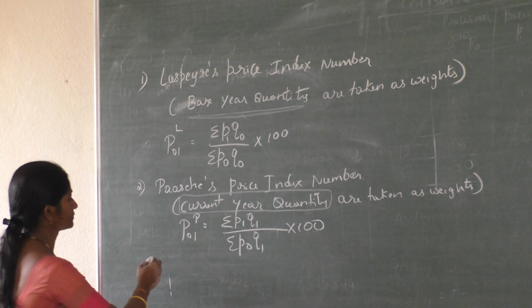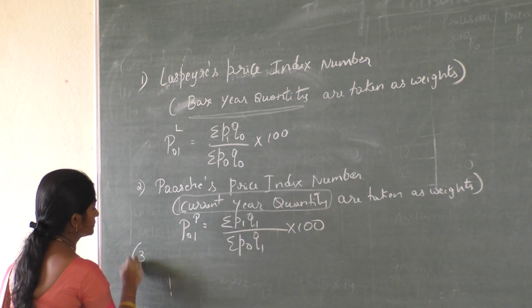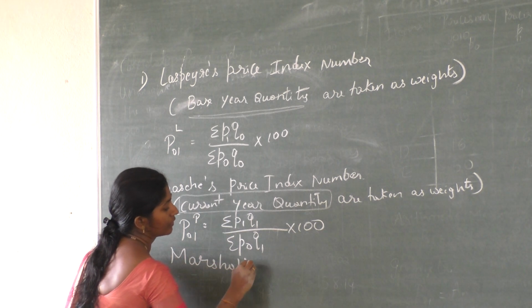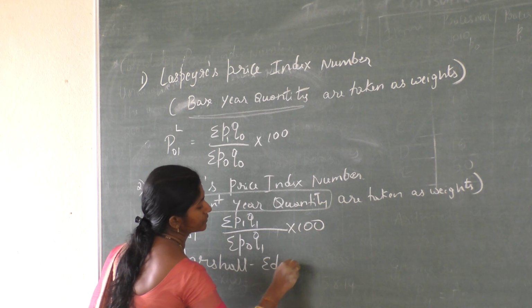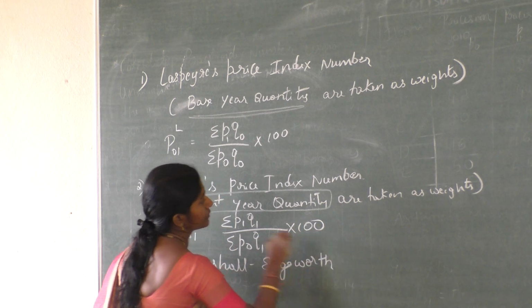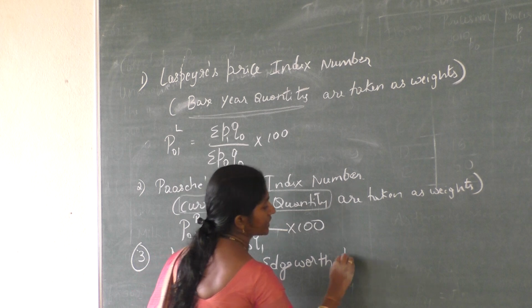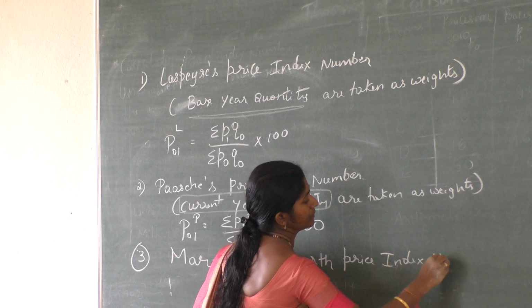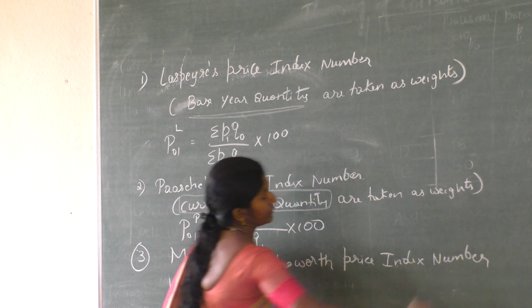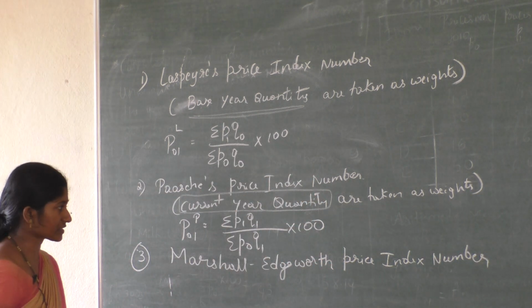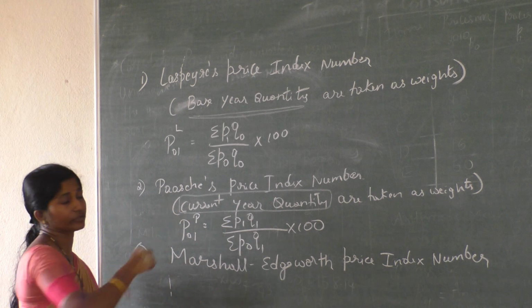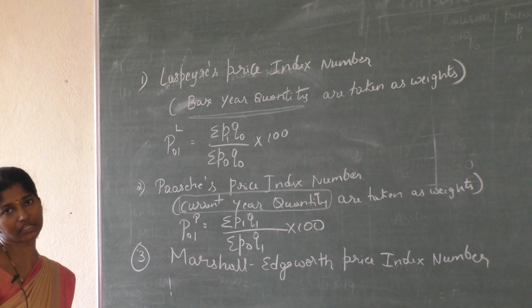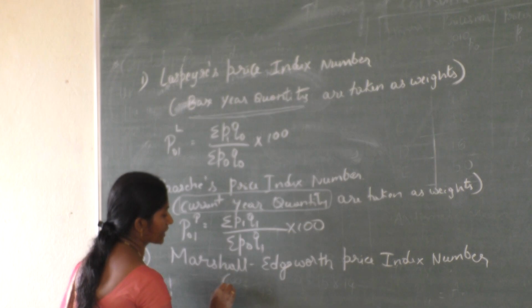Next, Marshall-Edgeworth price index number. Here, both base year and current year quantities are taken as weights.